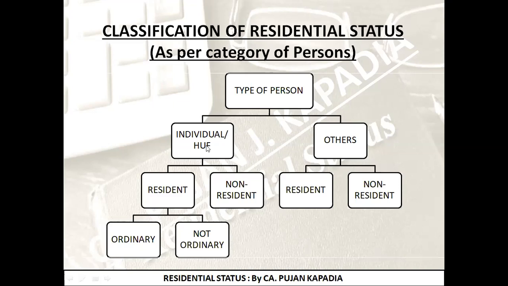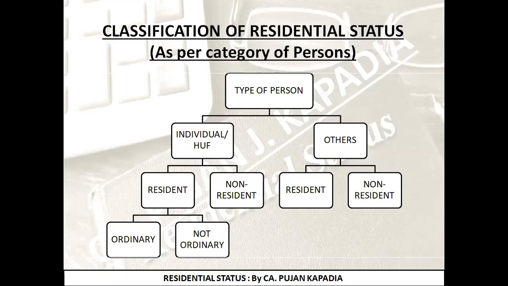Now, if a person is an individual or HUF, he can be classified first as a resident or a non-resident. If he is a resident, then we apply additional conditions to know whether he is an ordinary resident or not ordinary resident. You need to remember that if a question comes in your examination, generally for an individual, but whether individual or HUF, if your answer is resident, you are not going to stop there.